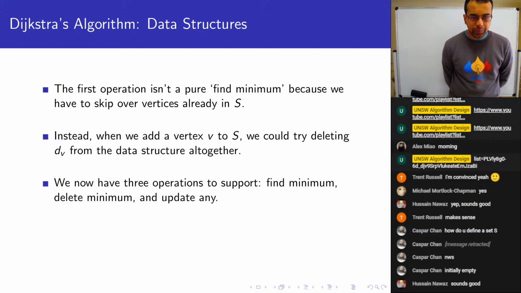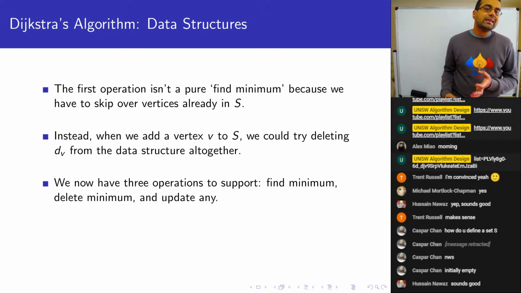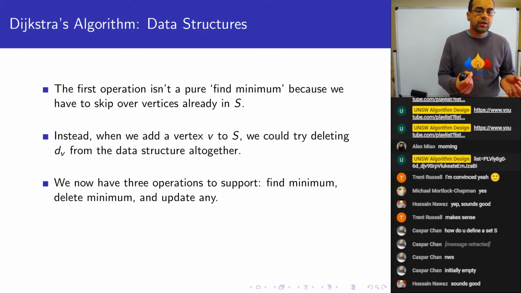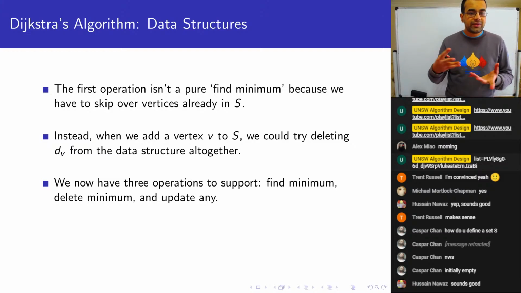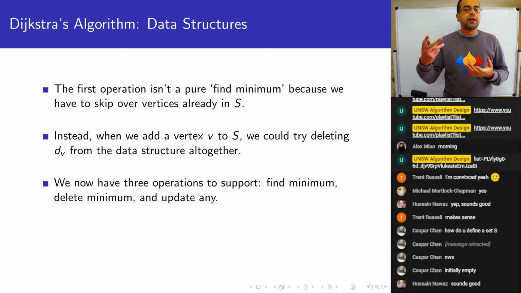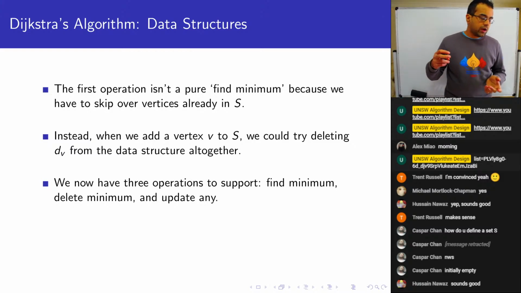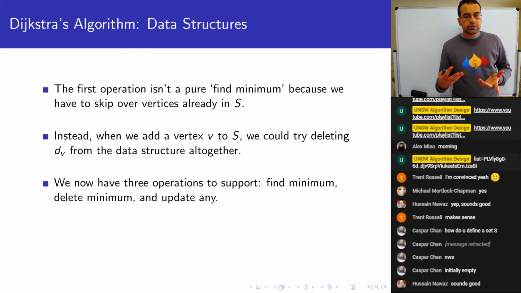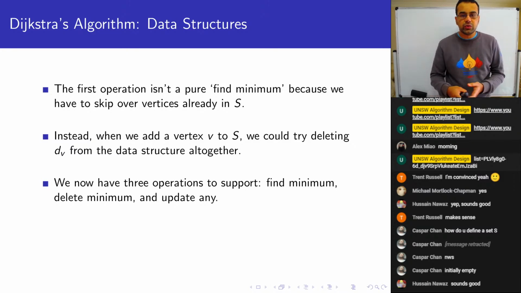These 3 operations are find the minimum of the remaining d values, delete this minimum d value, and finally update any of the d values. Yeah, update any as opposed to say update minimum. Now, what data structure appeals to you in this setting, where you have to find minimum, delete minimum, and run some updates?